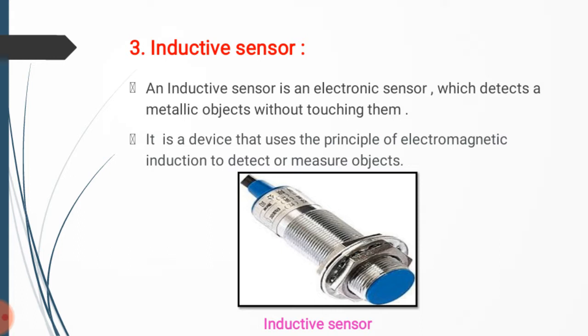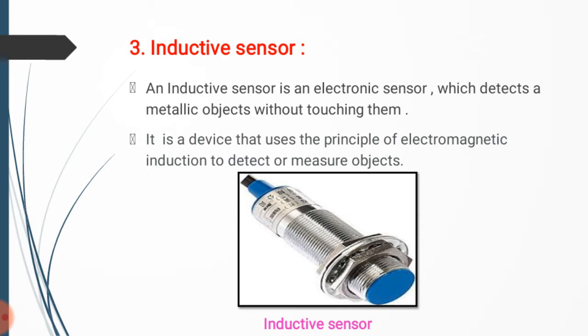It is also used to detect objects which are far away from us, such as a gun or other devices which are made of metal.